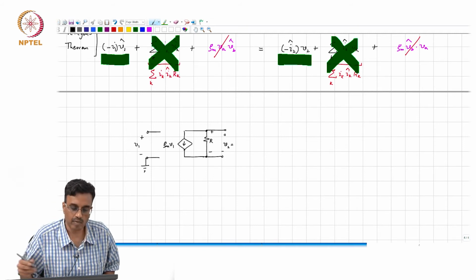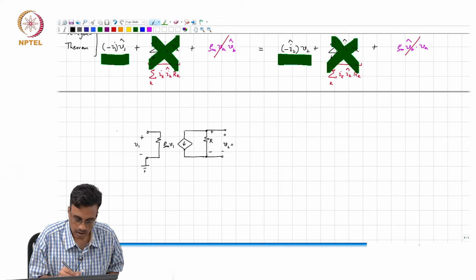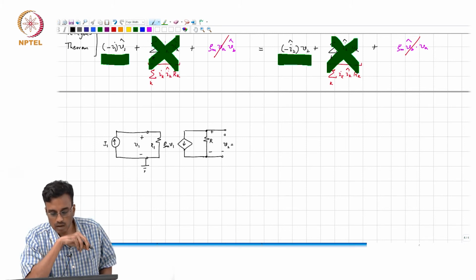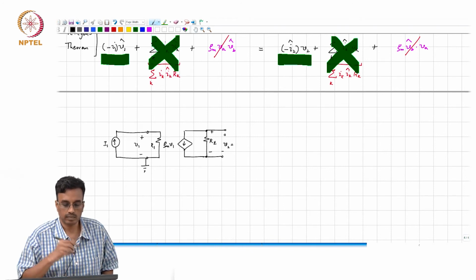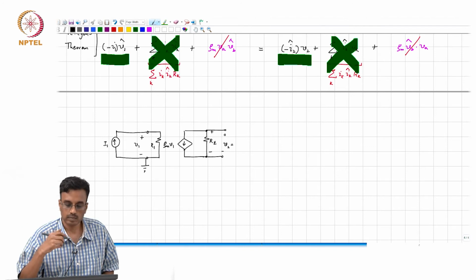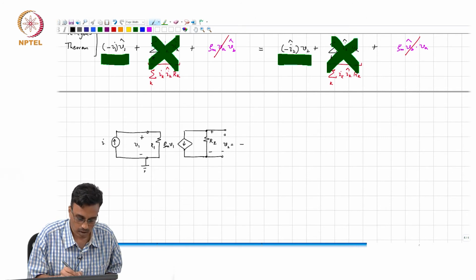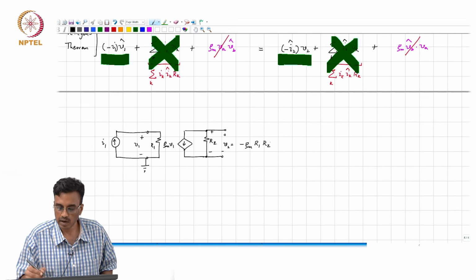Oh, sorry, we put in a current, right? So let's call this R1, I1. Okay. So let's call this R2. So what is V2? Minus Gm R1 R2 into I1.